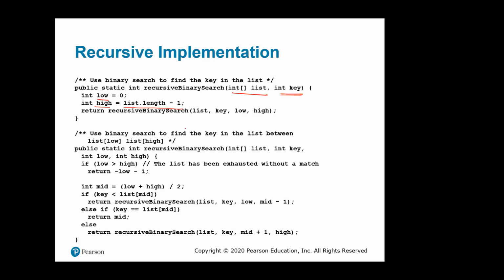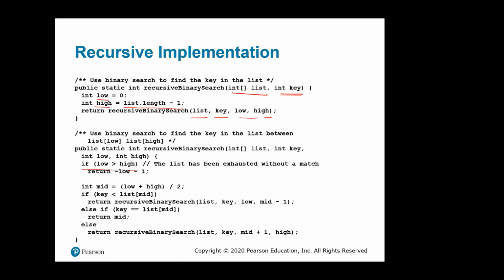So now we have the list, the key, low and high. Now every time, we will see how the function calls itself. So in recursive binary search, we have the key. If at some point low is greater than high, meaning that we do not have any more elements to be searched, then we are going to return.